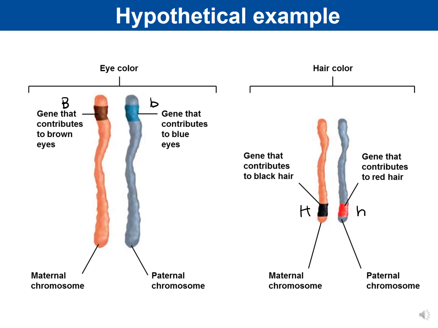So one of the things that we need to understand is when we do meiosis, remember that what's going to happen in meiosis 1 is that homologous pairs are going to separate. One homologous pair is going to go one way, the other goes the other way. You have 23 pairs.